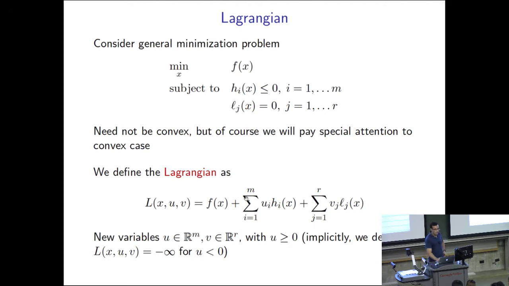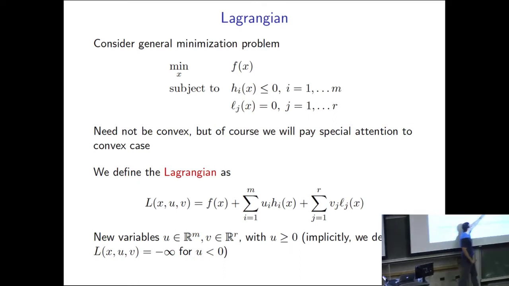We call these u's and v's dual variables in the context of Lagrange duality, but you might also call them Lagrange multipliers. So we've had new variables introduced, and in vector form u is in R^m and v is in R^r. I guess I called the number of equality constraints r. And we're going to restrict u to be bigger than or equal to 0, because we're going to try to get the property that we got before, which is that this thing at feasibility is less than or equal to 0.